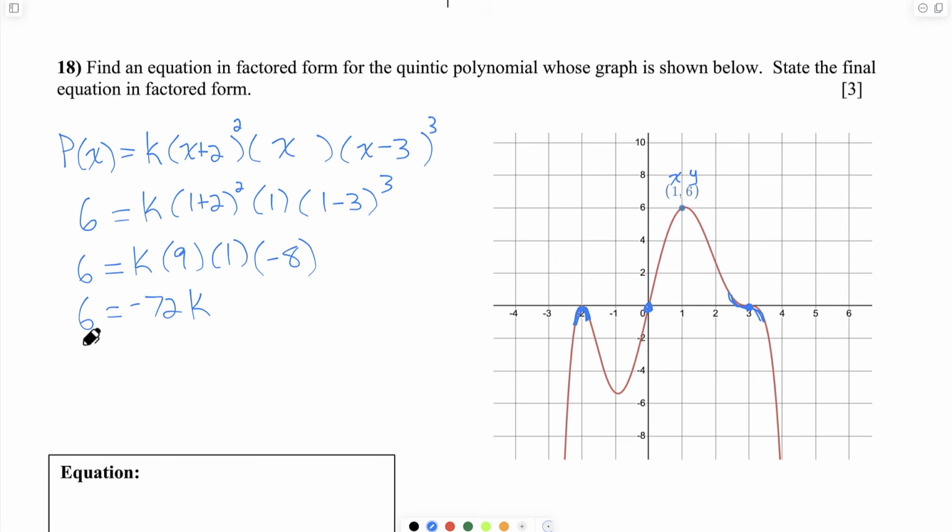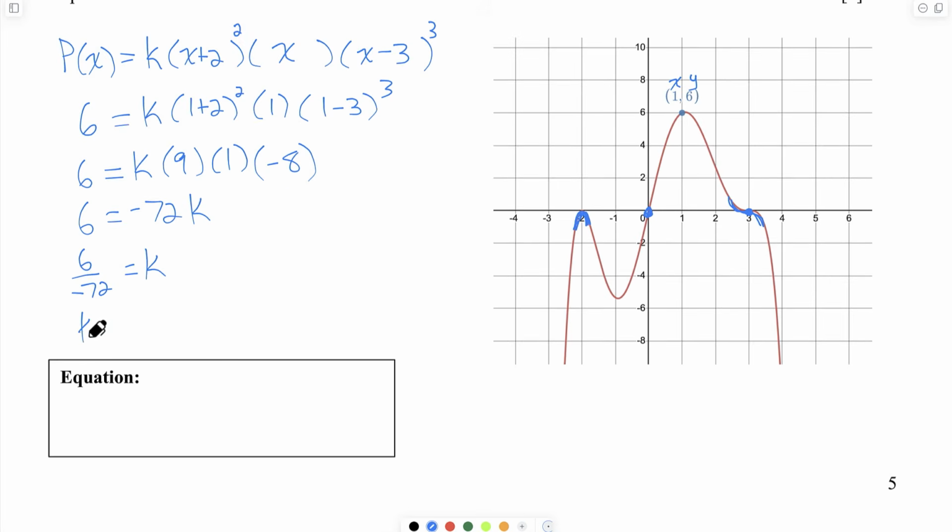If I divide that 72 to the other side, I can reduce that fraction. 6 goes into 72 12 times, so I can reduce this to -1 over 12. So my final equation would be p of x equals -1 over 12 x times (x plus 2) squared times (x minus 3) cubed.